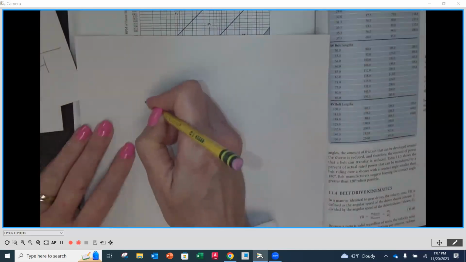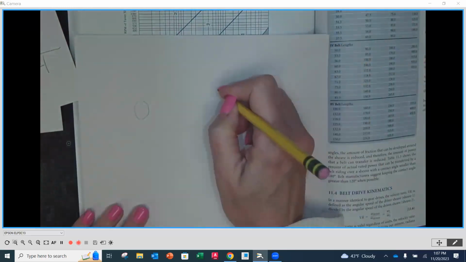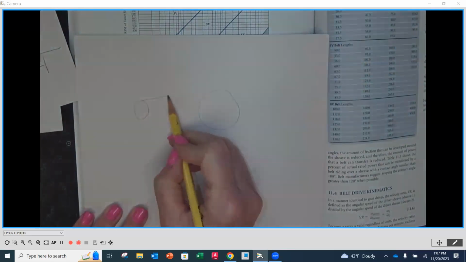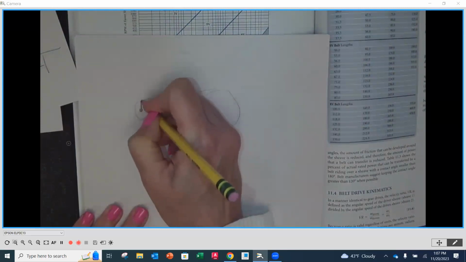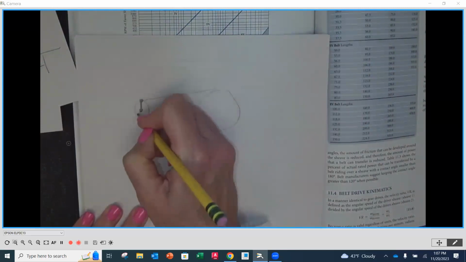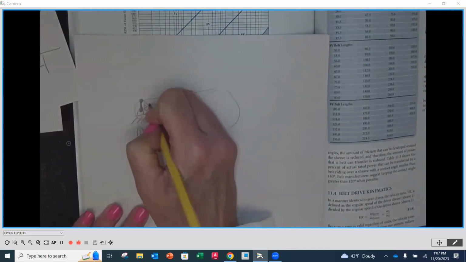So if we look at, for instance, this belt arrangement, and I'm not sure if it's horizontal or vertical, we'll go something like this. So it's going like this, right? And I call this my radius, so this looks like a link. This is number 1, this is number 2.